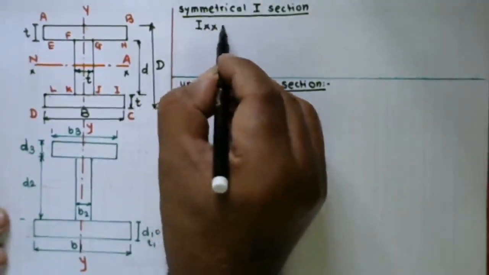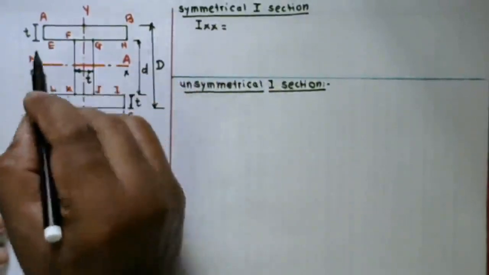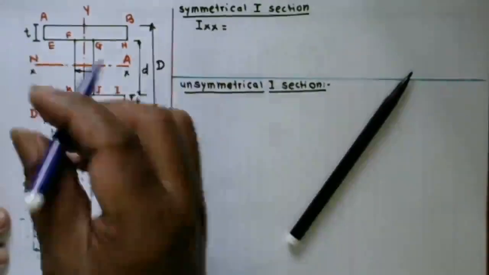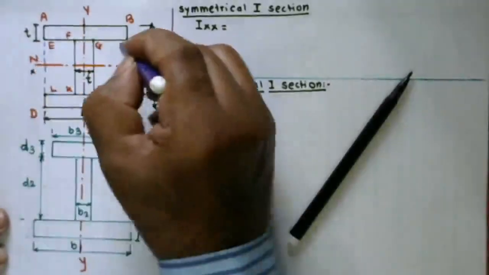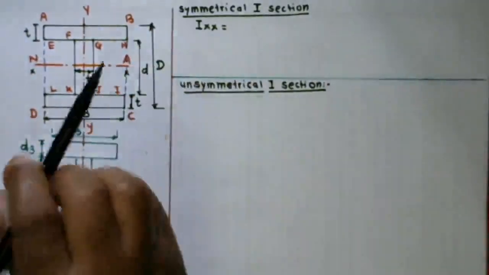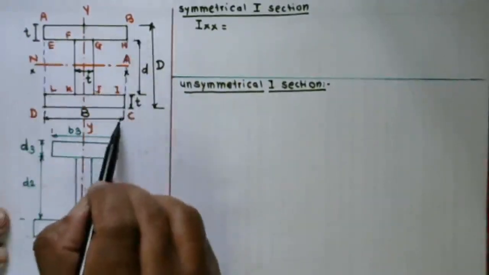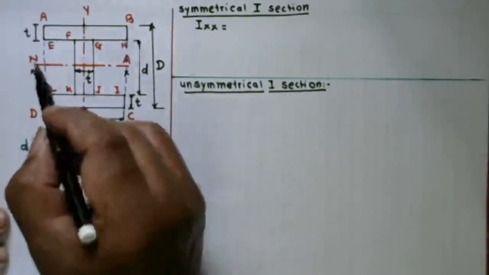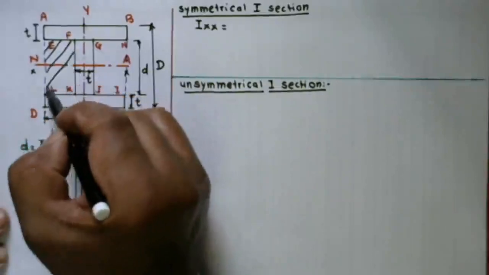That is, Ixx is equal to, if I initially consider the whole rectangle, if I complete this rectangle on this side, then I get this rectangle A, B, C, D. So the moment of inertia of that whole section minus the moment of inertia of the shaded sections.